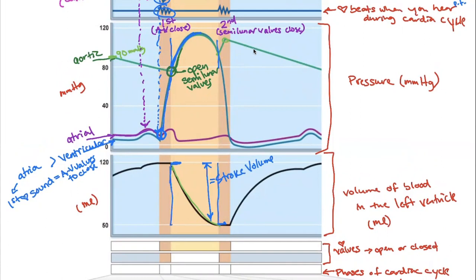So that's your stroke volume. Now, right here at this point, ventricular pressure drops below aortic pressure, which is up there. And so that is when the semilunar valves close.